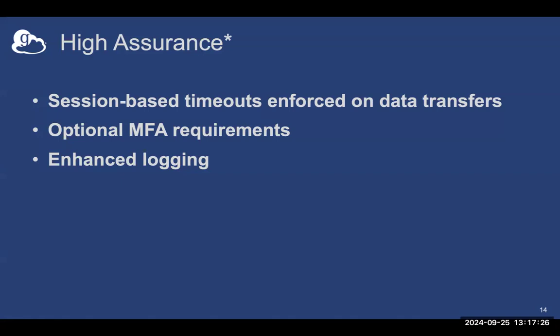It also includes the option of requiring your identity provider to assert that the user logged in with some multi-factor authentication device, and also includes enhanced logging so that whenever there is any data transfer, you will know exactly which accounts were involved and what files were accessed.